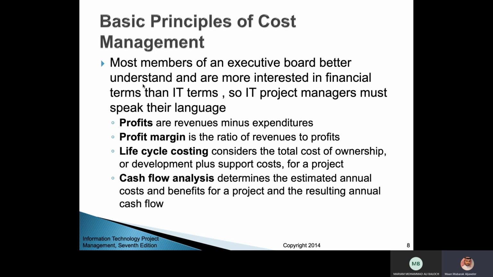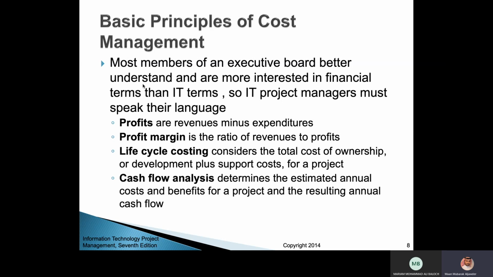Many people don't distinguish between revenue and profit. So this is the difference. Profit is the difference between revenue minus expenditure. The profit margin is a ratio of the profit that you receive, and it is calculated by dividing the profit by the revenue.